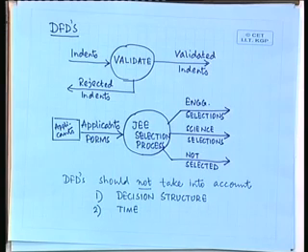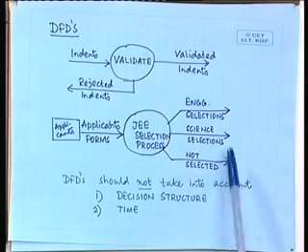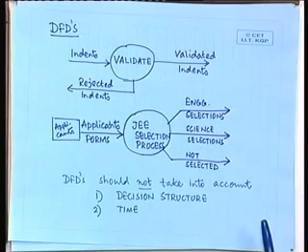So, DFDs should not take into account not only decision structure, but also time. How is time coming? You can see that engineering selections, science selections or not selected, they are not actually happening at the same time.